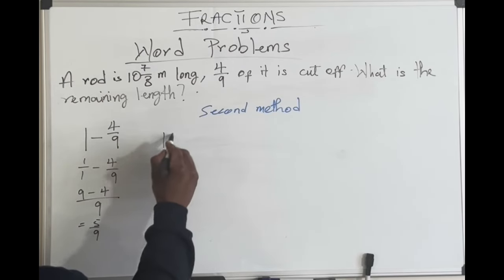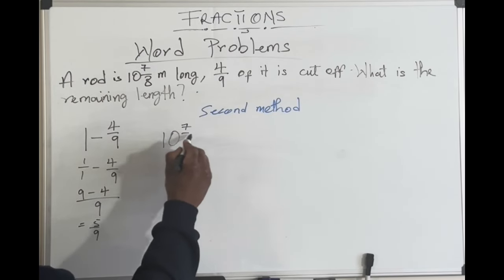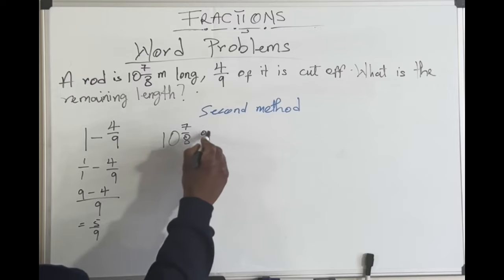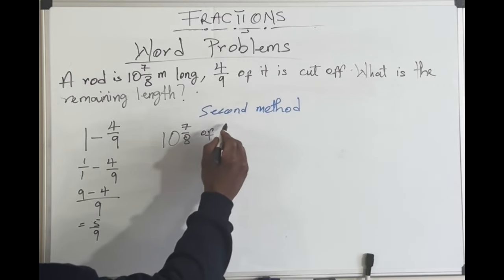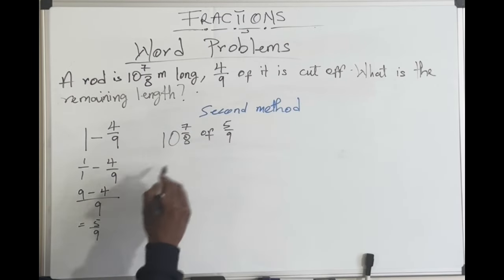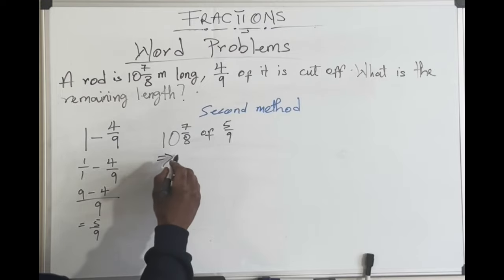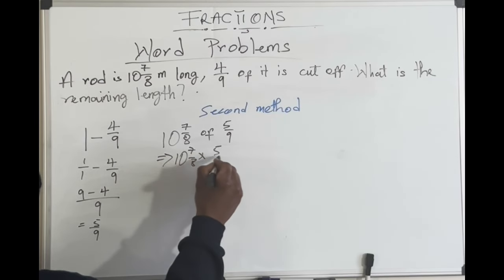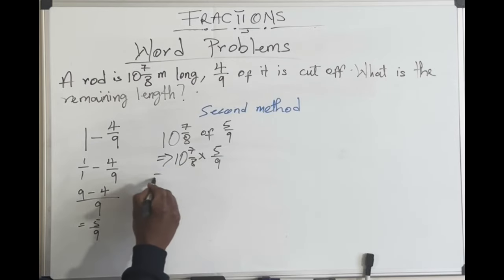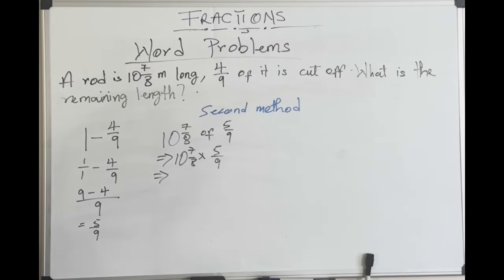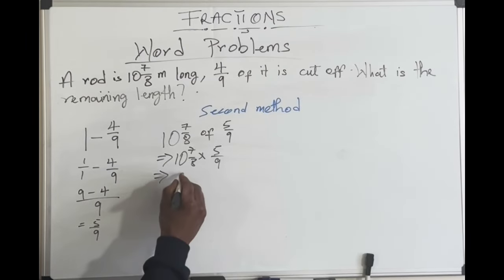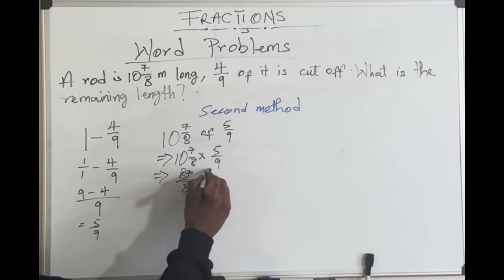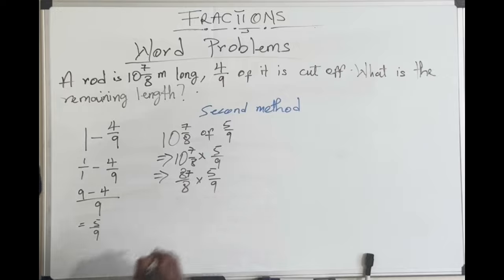And we take 10 whole number 7 over 8 of the 5 over 9. So 10 whole number 7 over 8 times 5 over 9. We change mixed numbers to improper fractions. So 87 over 8 times 5 over 9.